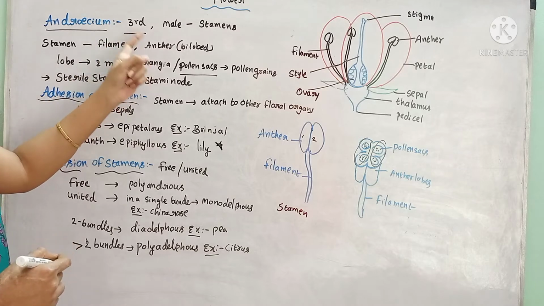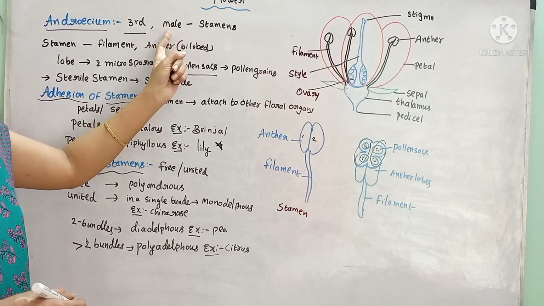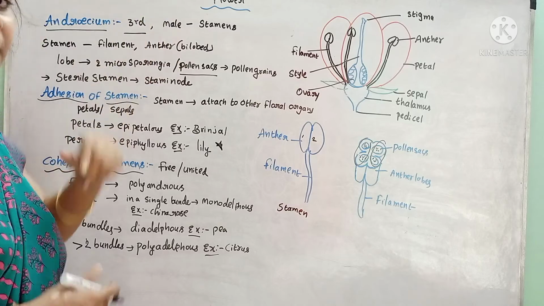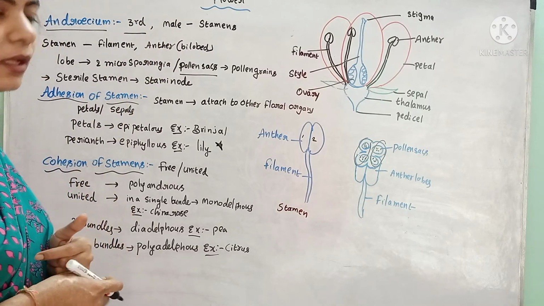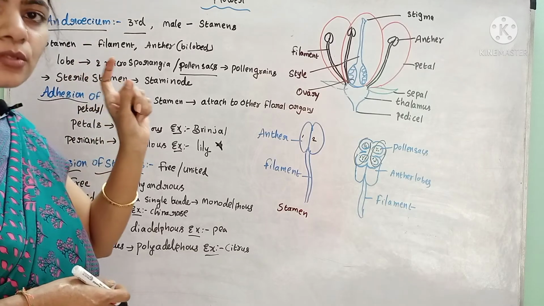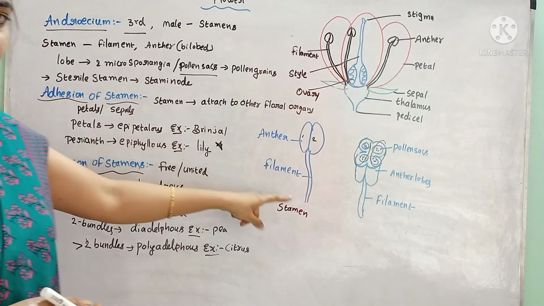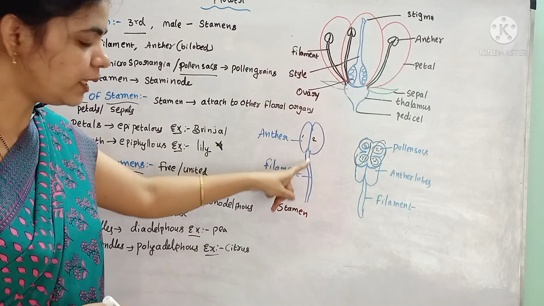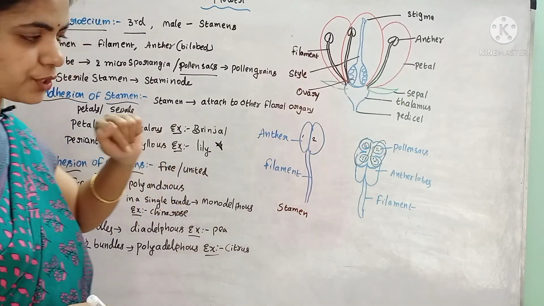So, what is androecium? This is the third whorl, and it is the male reproductive organ. The third whorl forms the stamen which contains male gametes, hence the male reproductive organ of the flower is the androecium. Individually they are called stamens, and each stamen consists of two parts, filament and anther. The filament is the tubular part and anther is the bilobed structure.